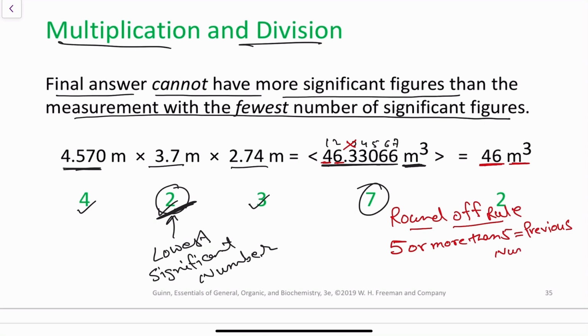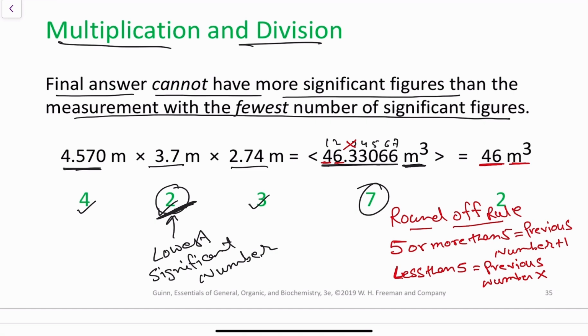Previous number will get plus 1, right? If the number that you don't need is less than 5, then the previous number is not going to change. It's not going to change, right?